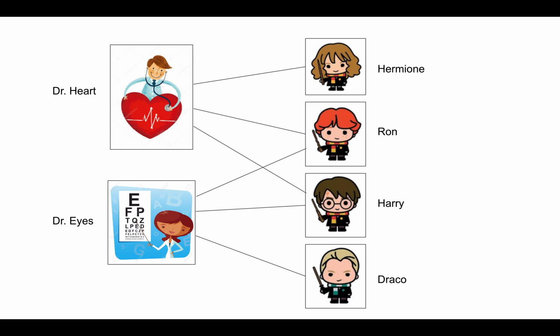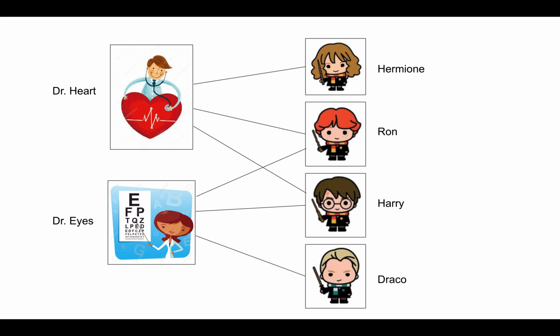But what we also see is on the patient side, Harry now belongs to two different doctors. So really, in a sense, Harry doesn't belong to any one doctor. Now, it's almost as if Harry has many doctors. And this is how real healthcare works. So Harry has a doctor for cardiology, and Harry has a doctor for eyes.